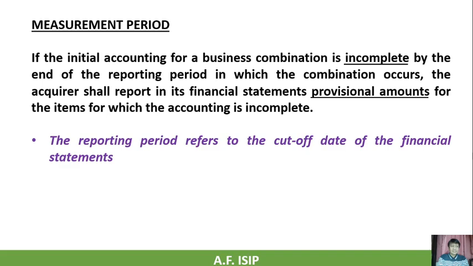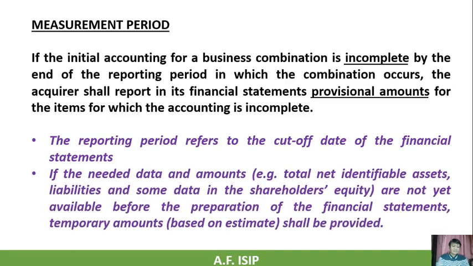In that case, the acquirer will provide provisional amounts in coordination with the external auditors. So that reporting period refers to the cut-off date. Most of the time, the cut-off date of the financial statements is December 31 of the current year.